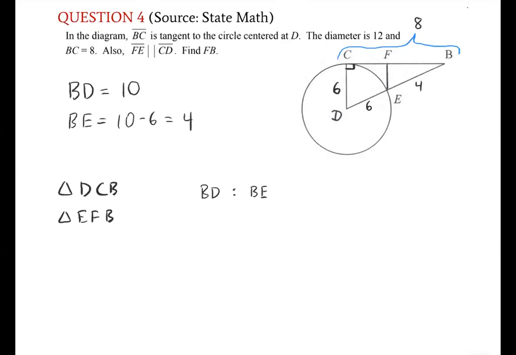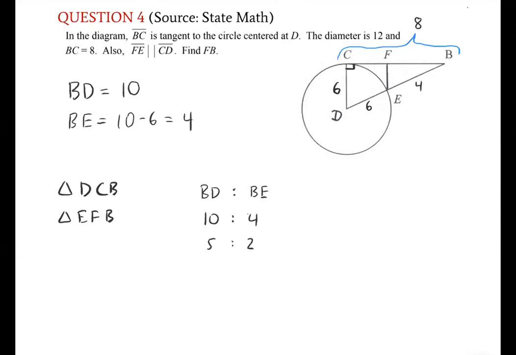These two lengths, 10 and 4, the image might not be drawn to scale, give a proportion of 5 to 2.